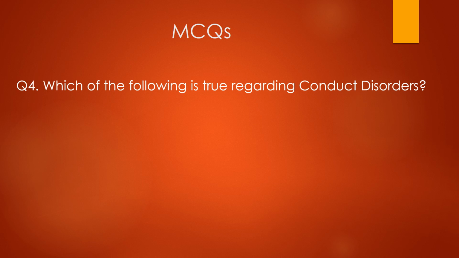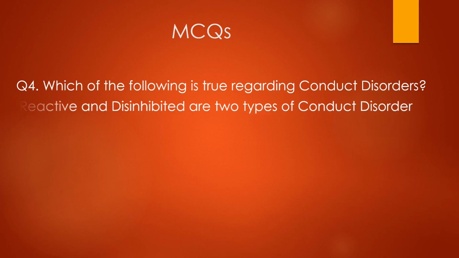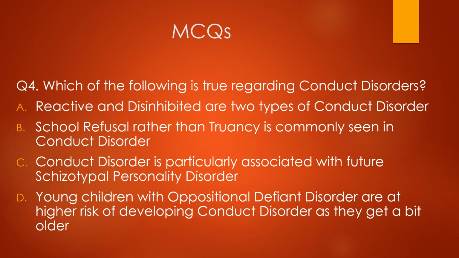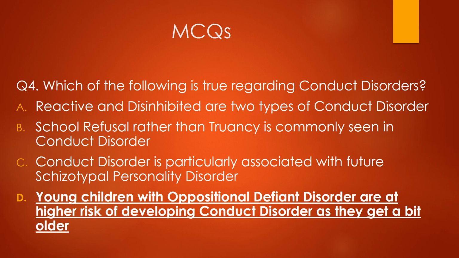Question 4. Which of the following is true regarding conduct disorders? You can pause if you wish and select your answer. And the correct answer is D. Young children with ODD are at higher risk of developing conduct disorder as they get a bit older.